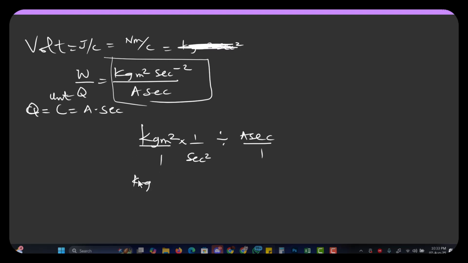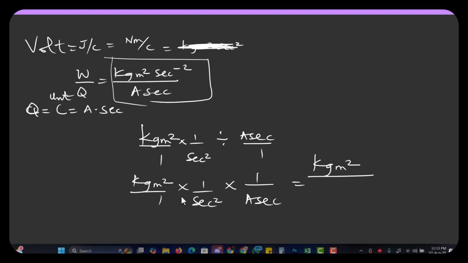So I'll say kilogram meter squared over 1 times 1 over second squared. Now I will remove this divide and put times 1 over A seconds. If I combine everything, kilogram times meter squared times 1 gives kilogram meter squared, all over 1 times second squared.